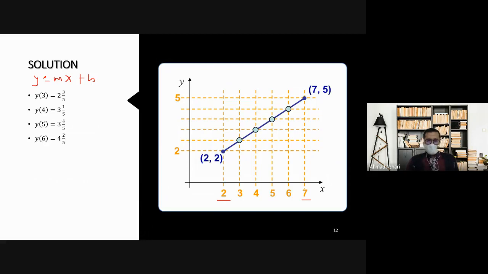So we find the line using the x-axis. Let's input 3.